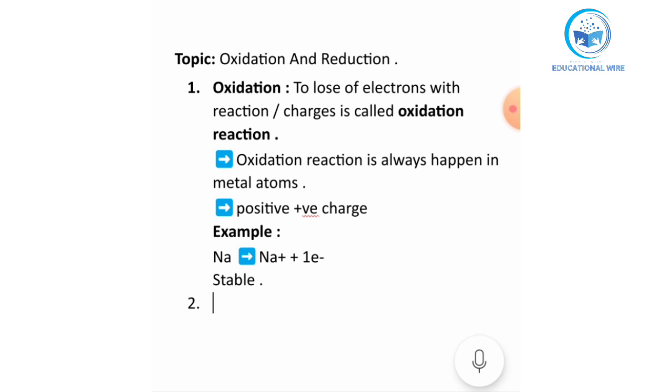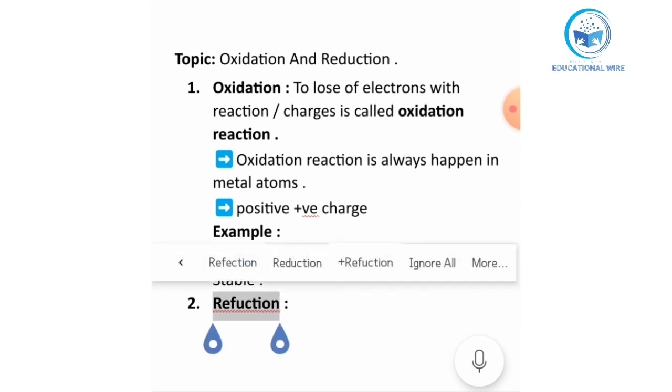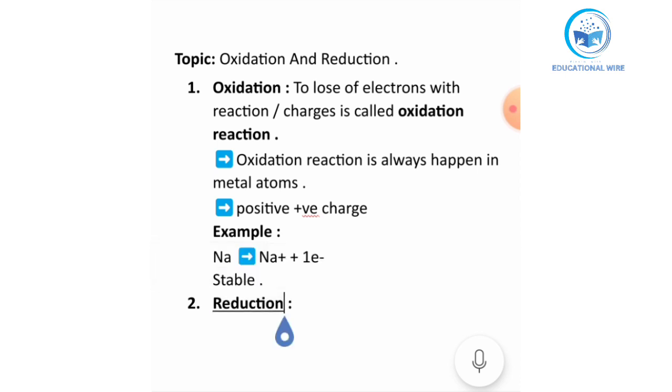Now let's move further with reduction. Actually, reduction is totally opposite of oxidation.